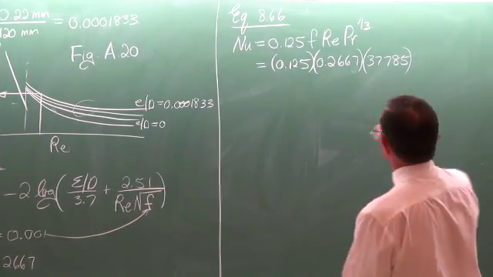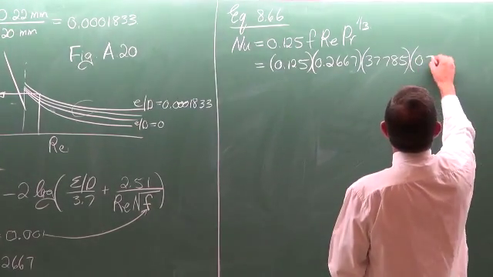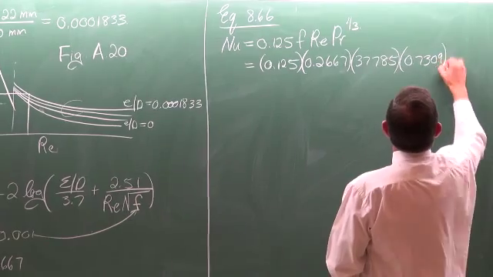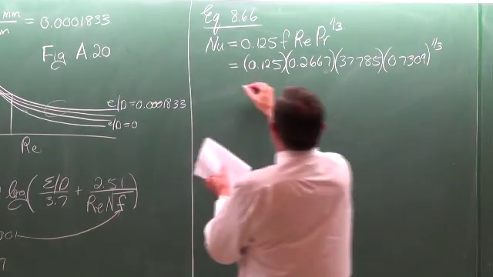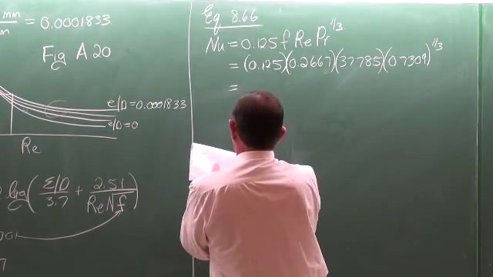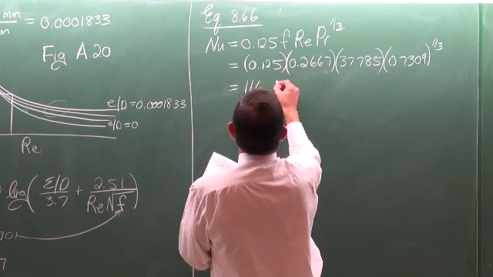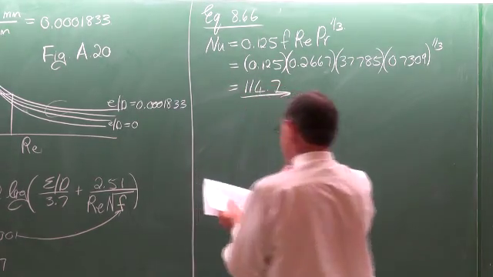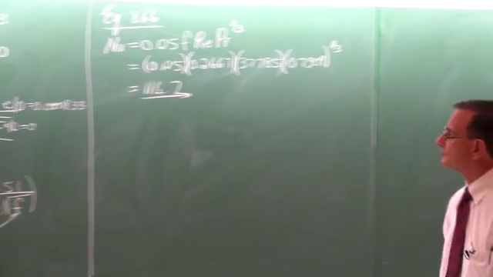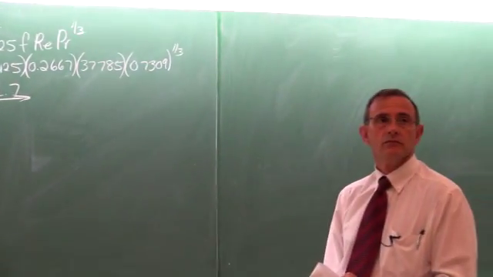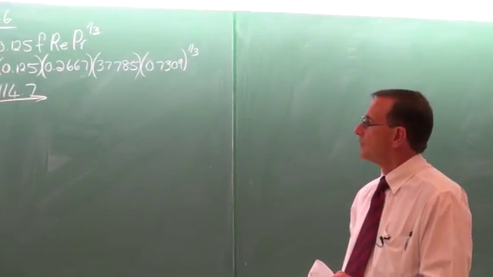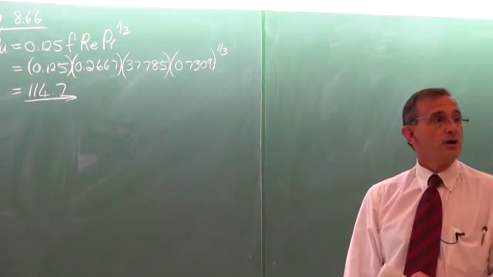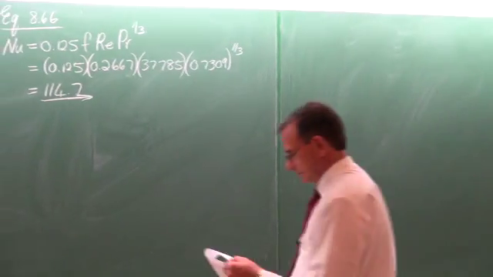The Prandtl number is there on the first board, is equal to 0.7309 to the third, and that gives us the Nusselt number of 114.7. Okay, Nusselt number of 114.7.